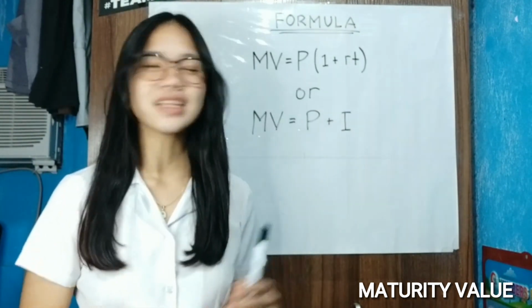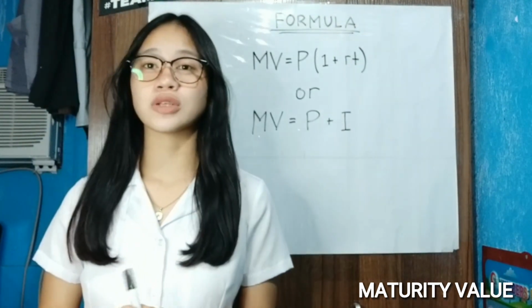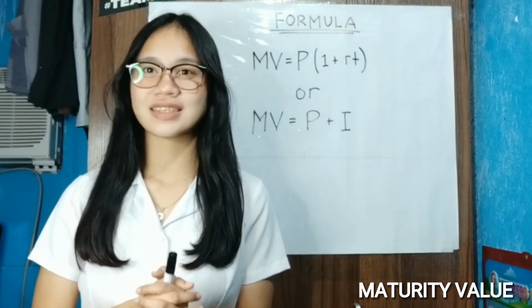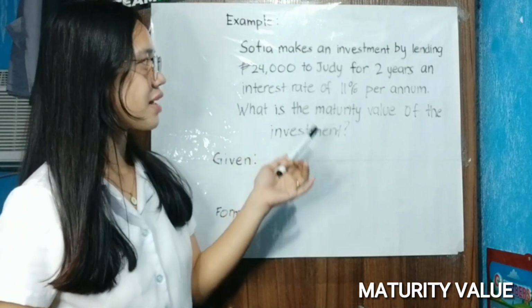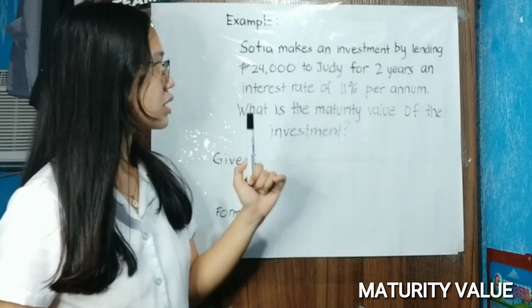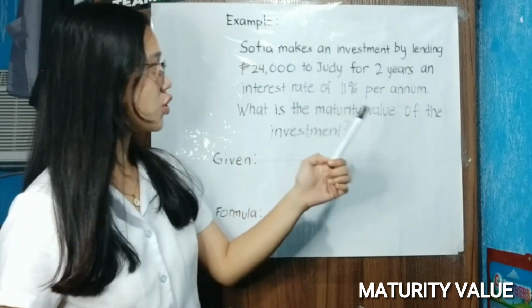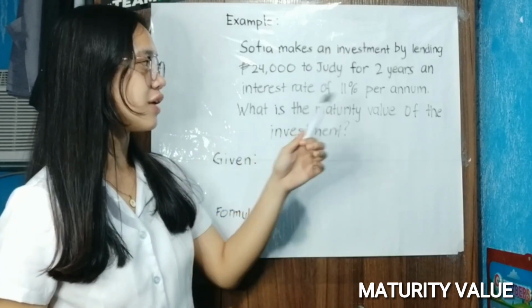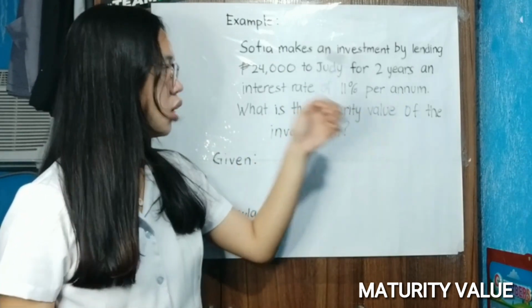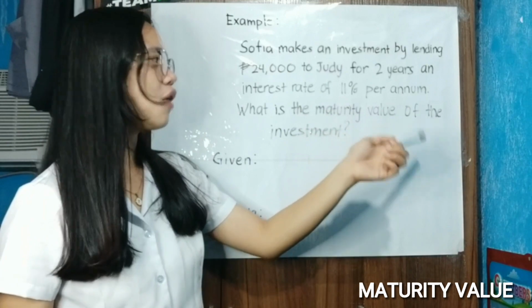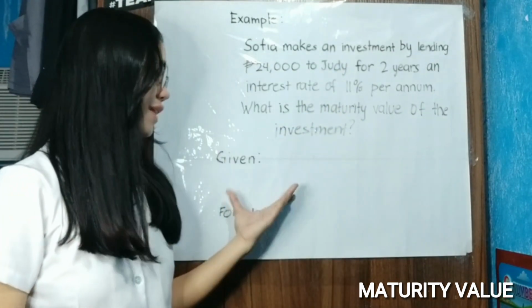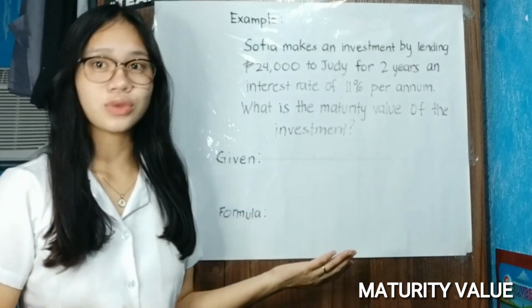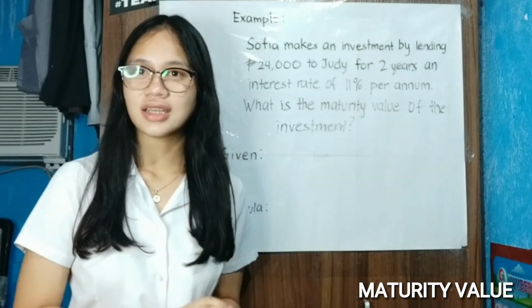Now, let's identify the steps in solving for the maturity value by giving an example. So here's the problem. Sophia makes an investment by lending 24,000 pesos to Judy for 2 years, at an interest rate of 11% per annum. What is the maturity value of the investment? First, identify the given and identify the formula to be used. What are the given?